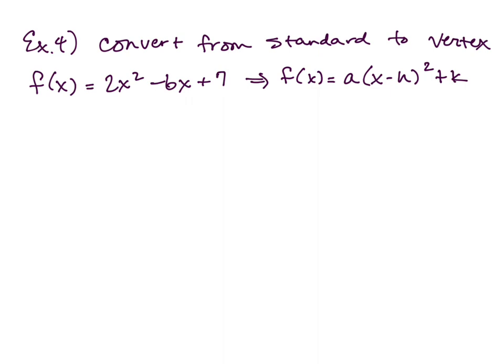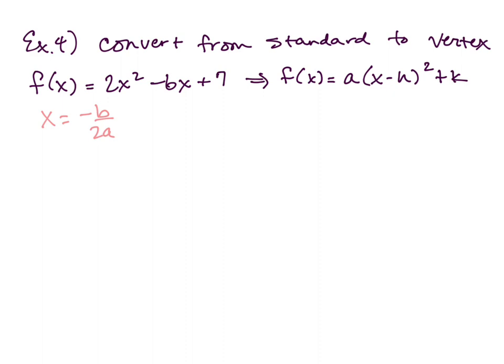Can we use this standard form equation, 2x squared minus 6x plus 7, to locate the vertex? Yes, she's saying yes. How? Negative b over 2a. That's our starting point. What does that little equation give me? When I do x equals negative b over 2a, what am I finding?